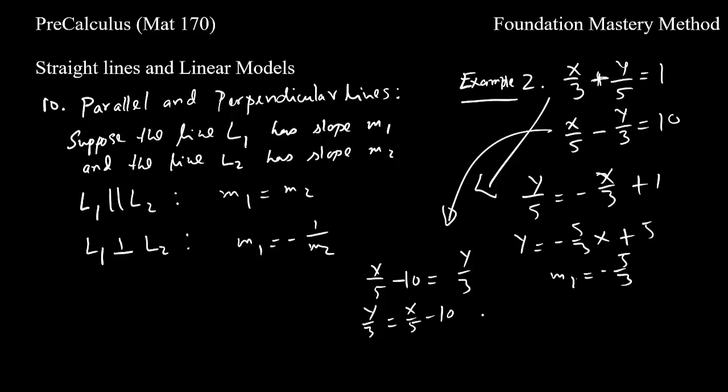Multiply by 3, so y equals 3 over 5 x minus 30. So you can see the slope here: m2 is 3 over 5 and m1 is negative 5 over 3. So this is just the negative reciprocal. So these two lines are perpendicular.